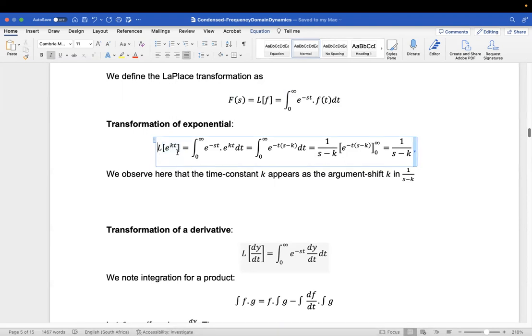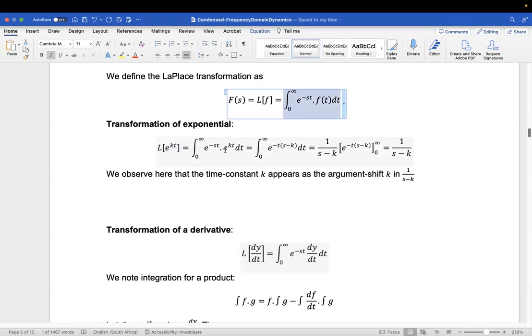So the Laplace transformation of e to the kt, simply by applying this definition of the transformation, is that we multiply by e to the minus st with the original function, so e to the kt here, and we integrate out time by going over all possible values of time from 0 to infinity.